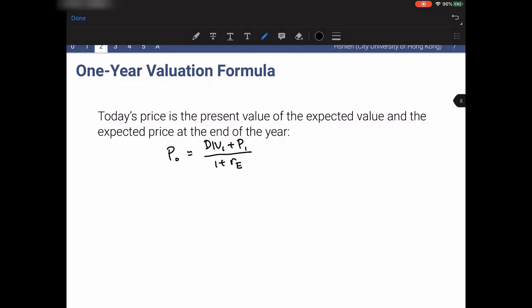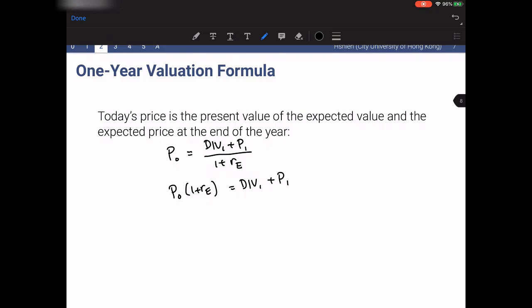I'm going to use RE to denote the cost of capital for equity stakeholders. Let's rearrange the terms now. Let's multiply both sides by 1 plus RE. We will get P naught times 1 plus RE equal to dividends 1 year from now plus the price of the stock 1 year from now.